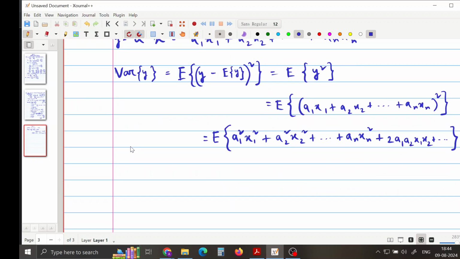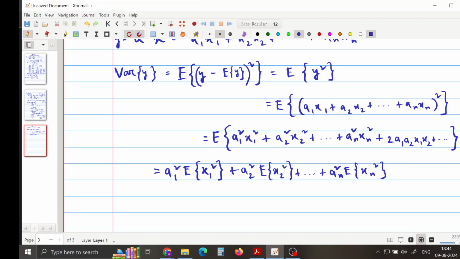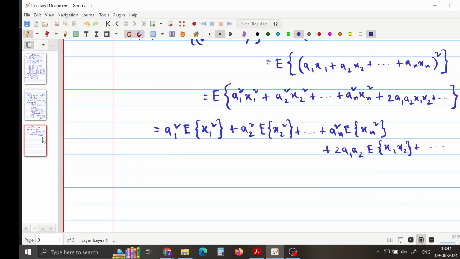Okay, and now using linearity of expectation, you can write this as follows. So a1 squared comes out of the expectation. Similarly, a2 squared comes out of the expectation, and an squared comes out of the expectation. And so this 2 a1 a2 also comes out of the expectation, and you have expectation of x1 x2, and likewise other pairwise products.